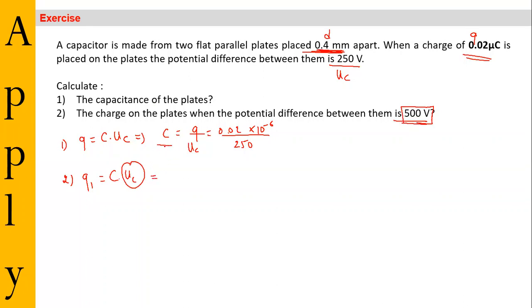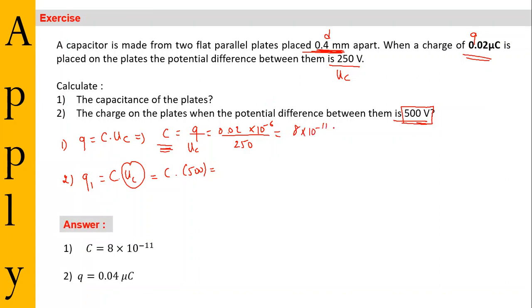So it will be equal to the capacitance that we found here, 8 times 10 to the power minus 11 farad, times 500 volts, which will give us 0.04 microcoulomb, which is 0.04 times 10 to the power minus 6 coulomb.